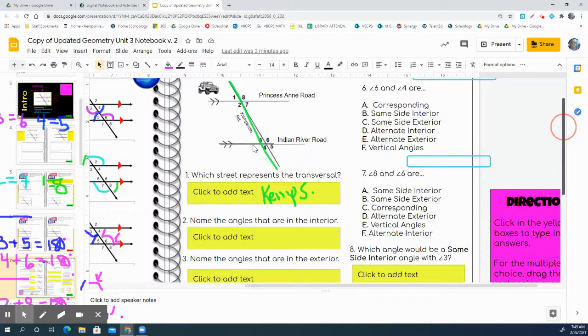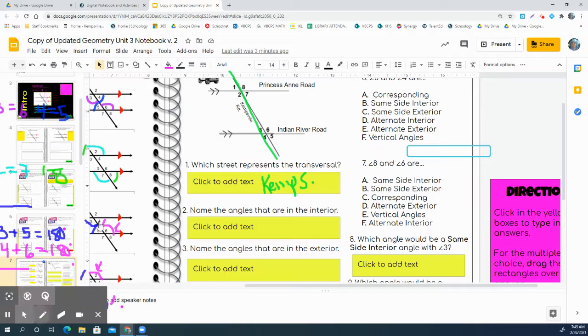So Indian River is one of the parallel lines. Let me ask it a different way. We've got these arrows, right? That means these lines are parallel. So Indian River is parallel to Princess Anne. If I want the interior angles, I want the angles that are inside those two parallel lines. So which angles are those?